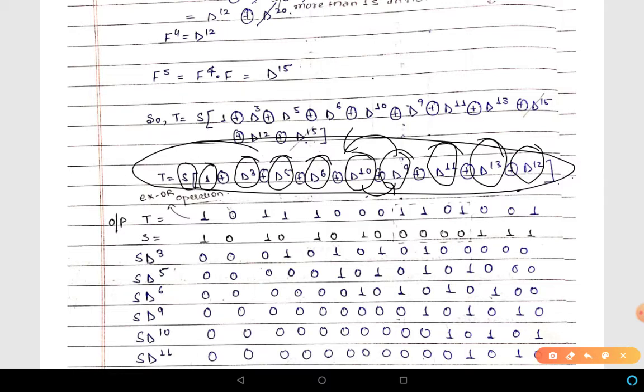Again I'll repeat, we'll keep all the terms which are less than d15. Why d15? Because our input sequence S has 15 bits. Suppose S has 12 bits, then we will keep all the terms up to d12. Why we will do that? We'll explain this.